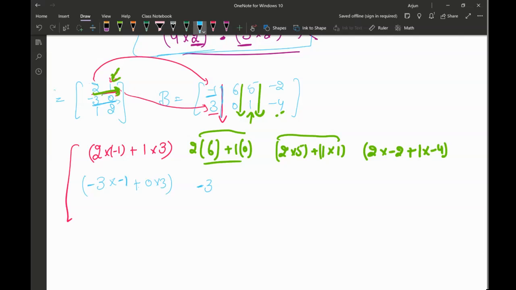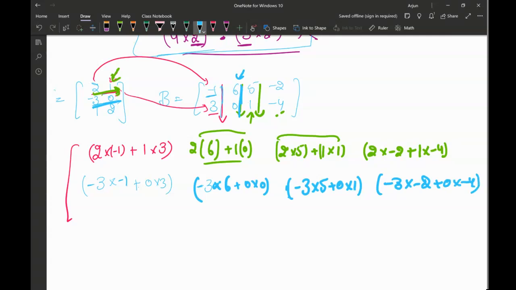Then the third element will be minus 3 times 5 plus 0 times 1. And same way the fourth element will be minus 3 times minus 2 plus 0 times minus 4.